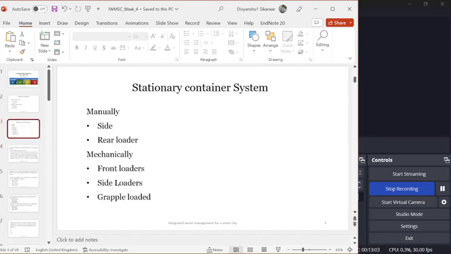Further, the diagrams for the different stationary container systems were shown in class. To fund these collection systems and all the human resources involved in the process, bills are normally collected in terms of utility bills or property taxes.